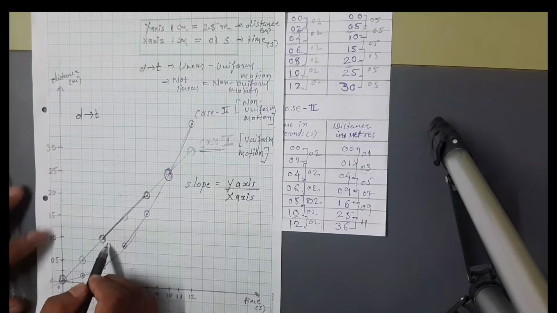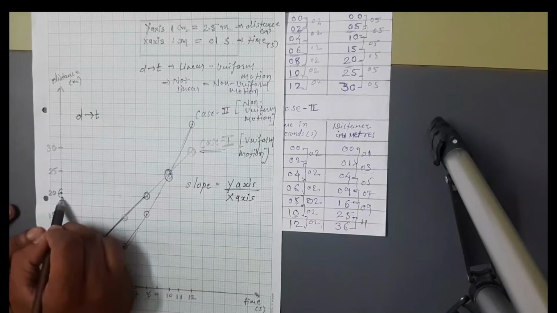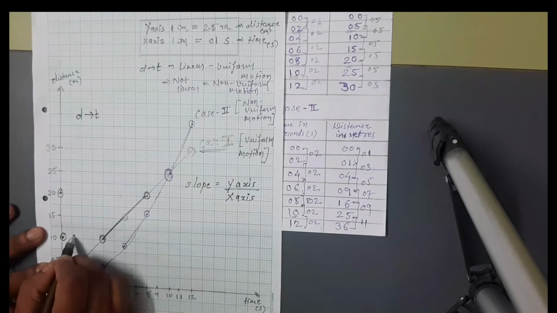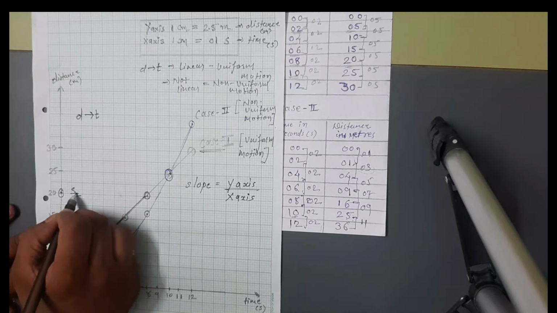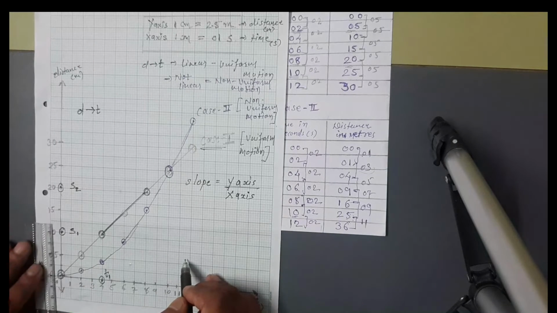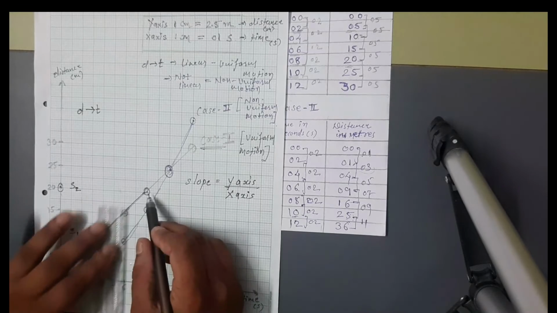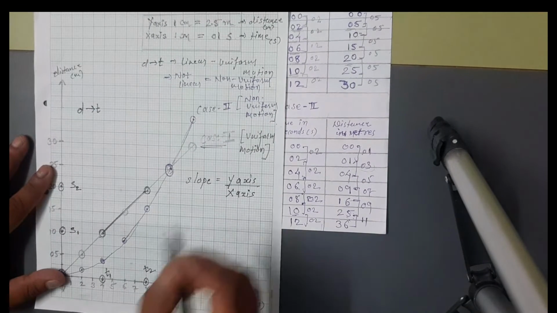Now check these 2 points on y-axis. Suppose here that is our S1 or D1, and here it is S2. Related to that, the time, that is T1, and here related to that, that is our T2.